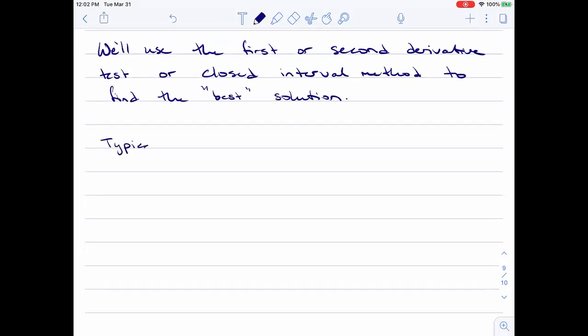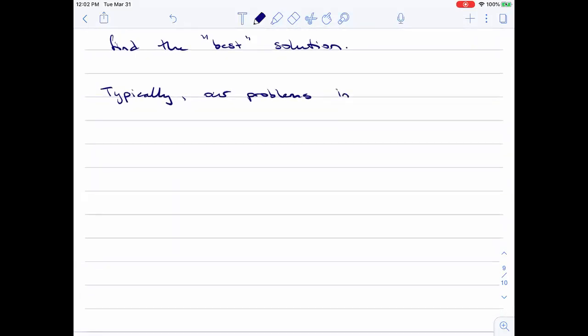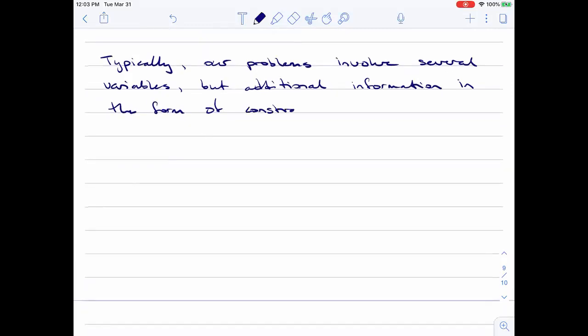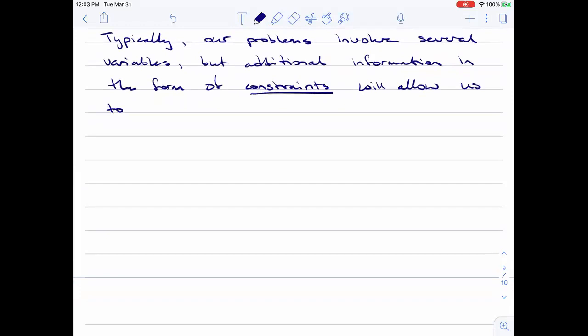Typically our problems involve several variables, but additional information in the form of constraints, and you'll see what I mean by that, will allow us to reduce the number of variables.